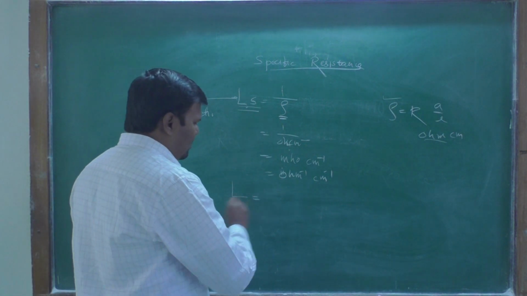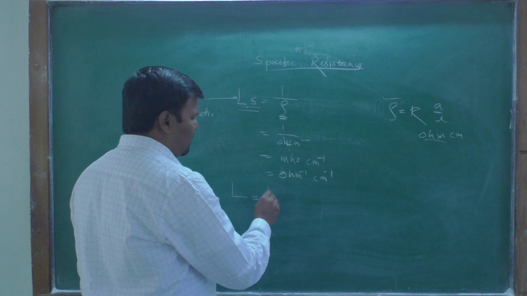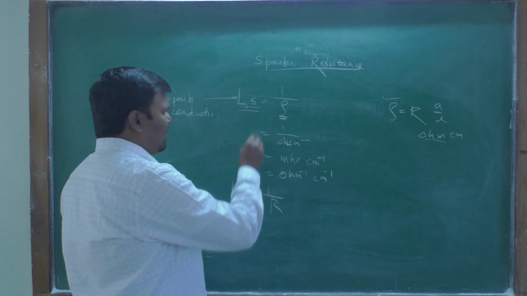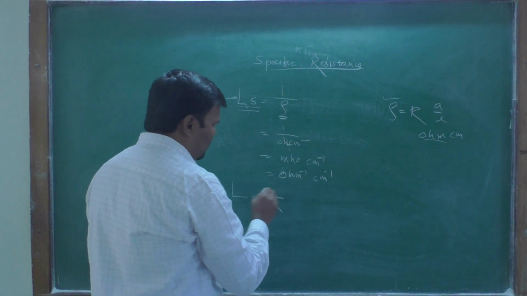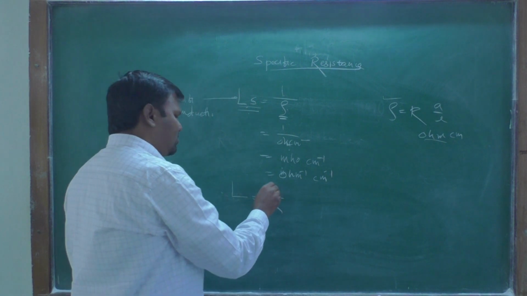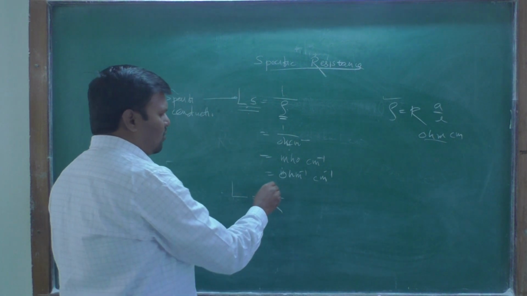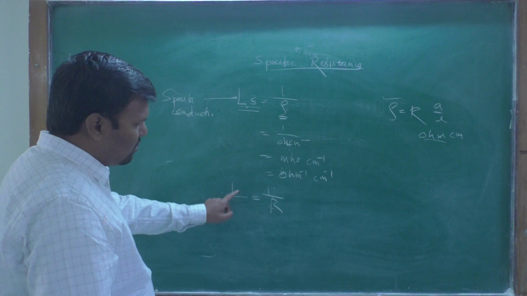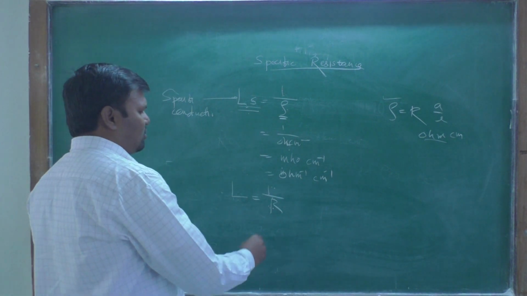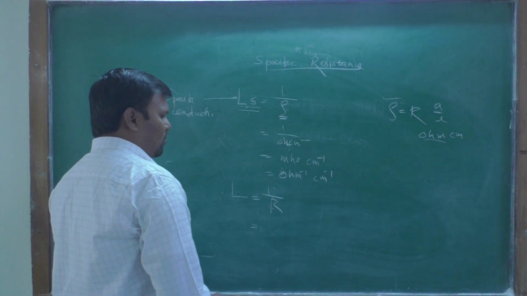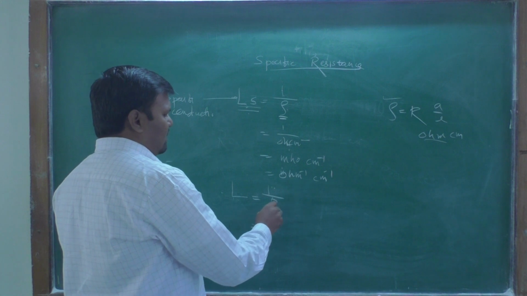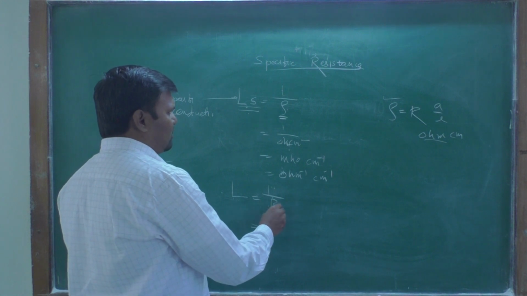The normal conductivity is also 1 upon R. Ls is 1 upon rho. Conductivity is the reciprocal of resistance.